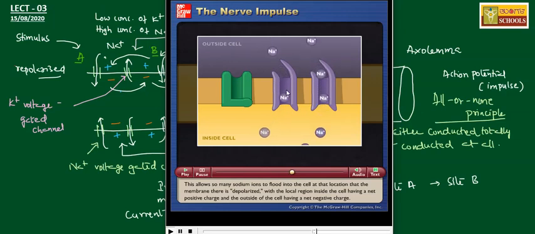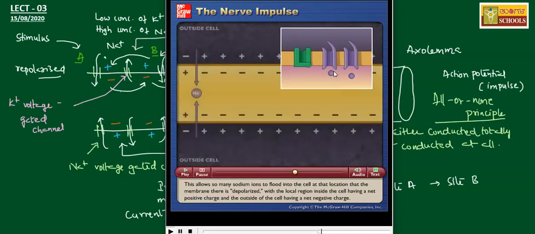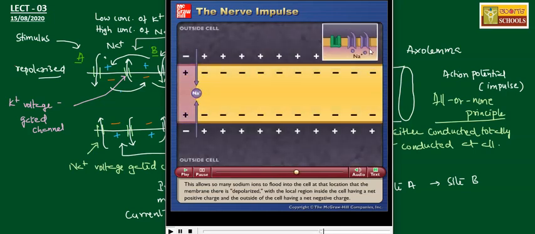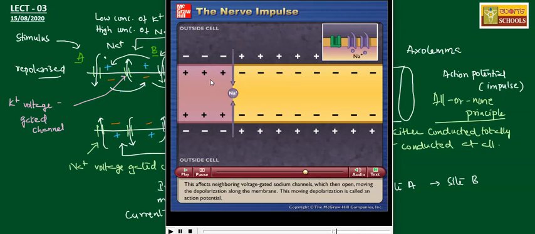Opening of one sodium channel will make the other sodium channels open as they respond to the voltage stimuli. You can see sodium ions entering, and at this point it got depolarized. Then at the next point, the action potential continues in a direction.